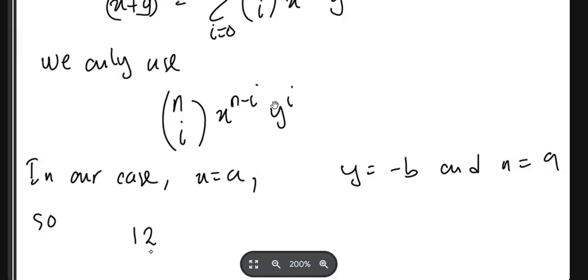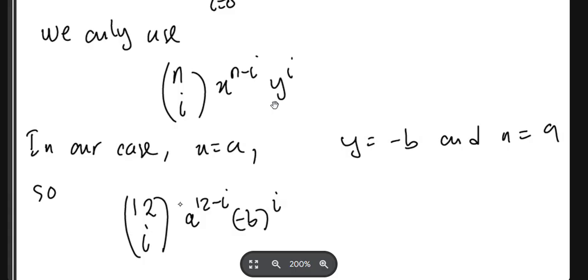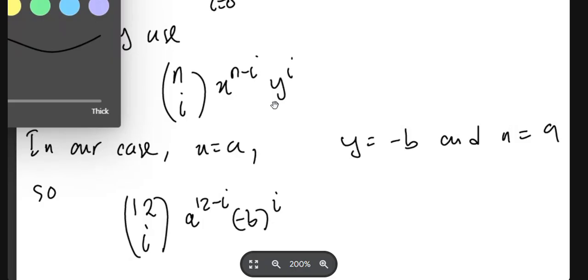So we have 9 choose i, a to the power 9 minus i, then negative b to the power i. Okay, so now where is the a? Here, the a is this one here. So we focus on the a.